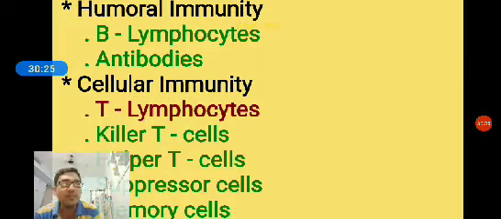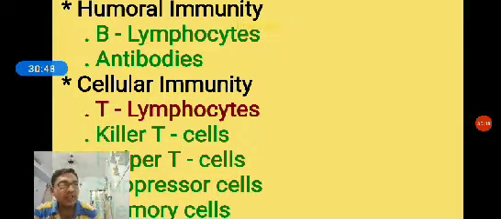Next, the B lymphocytes, on exposure to the antigen, become active and multiply to produce the plasma cells. Then the plasma cells secrete the antibodies. It means the B lymphocytes indirectly produce the antibodies by activating the plasma cells.